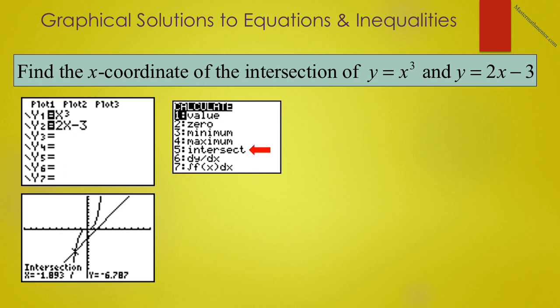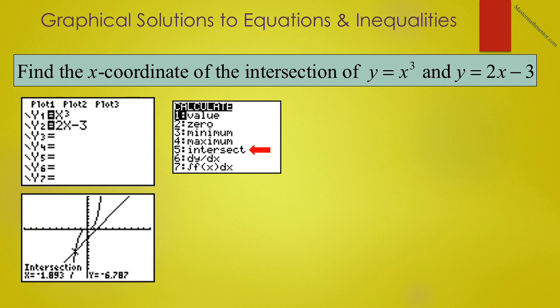We are shown the graph in the previous window that we established. And again, we need to be sure we are showing all possible intersections of the graph. In this case, there is only one. You are asked to choose the first curve and you point your cursor to y1. Then choose the second curve, point your cursor to y2, and then you are asked to guess.